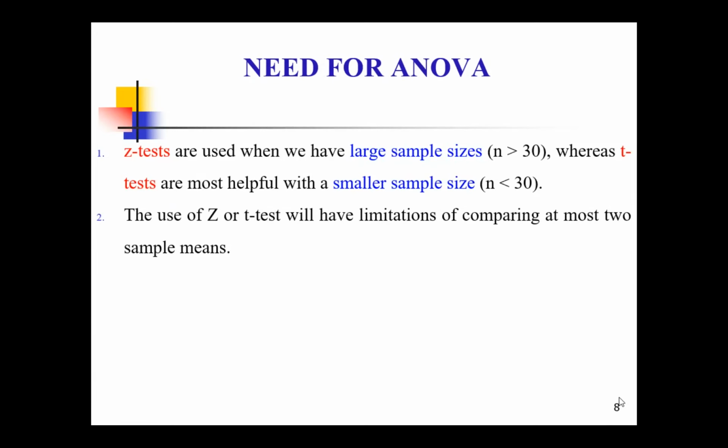But these Z or T tests have some limitations when comparing more than two sample means. For comparing multiple sample means, the Z test and T test have some limitations. Because of this only, we are going to move towards ANOVA.